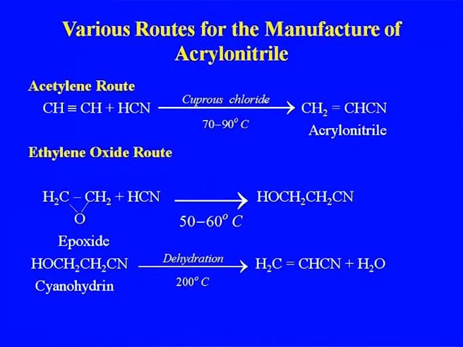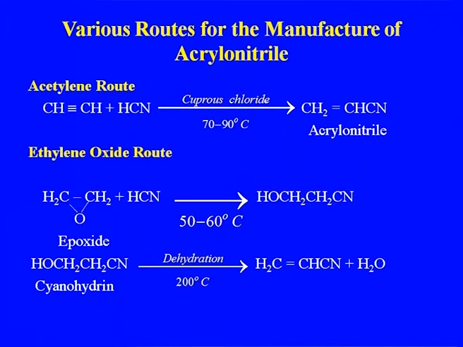So this was the conventional method before the coming of the propylene route, where we do the ammoxidation of propylene. The process became cheaper because of the availability of propylene from the steam cracker plant.